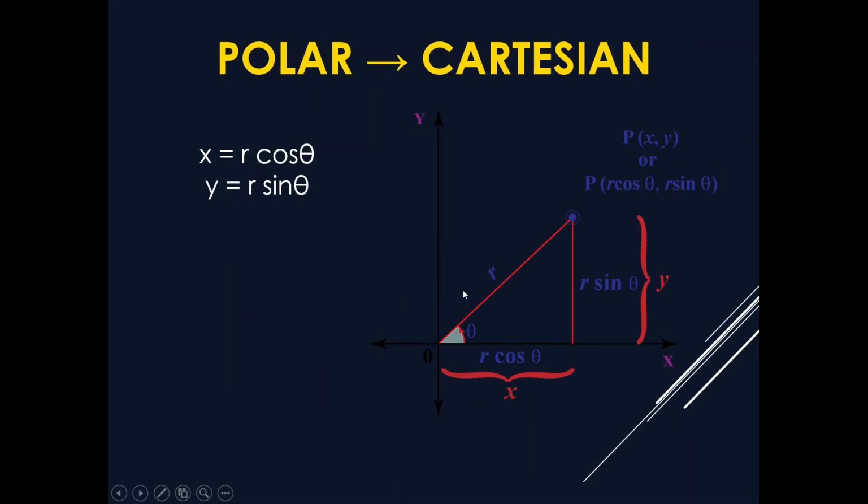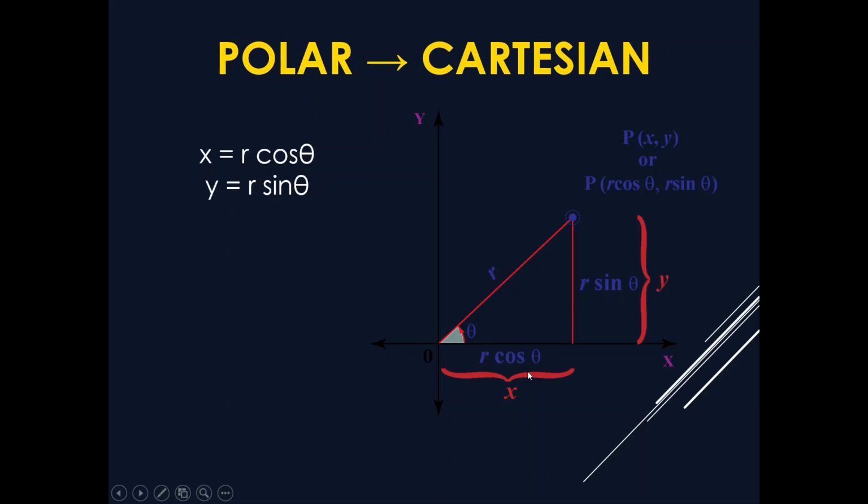In the next figure, you can see that we can replace x as r cos theta and y as r sin theta, because perpendicular by hypotenuse, that means y by r, is sin theta. So y is equal to r sin theta, and similarly base by hypotenuse is cos theta, so base can be written as r cos theta.